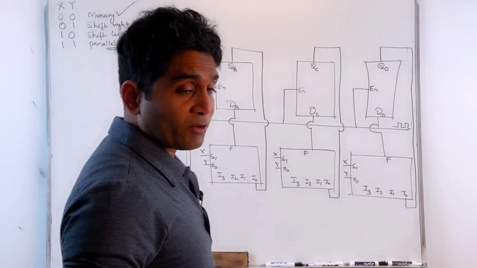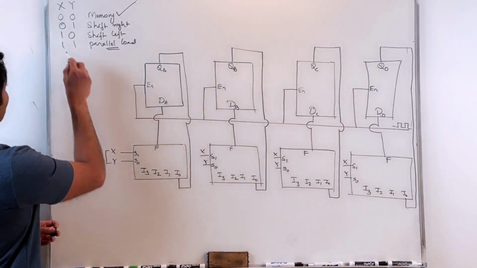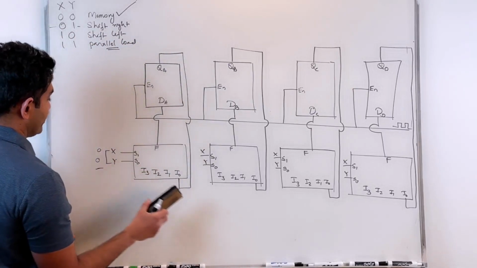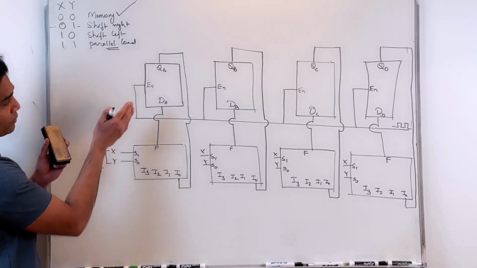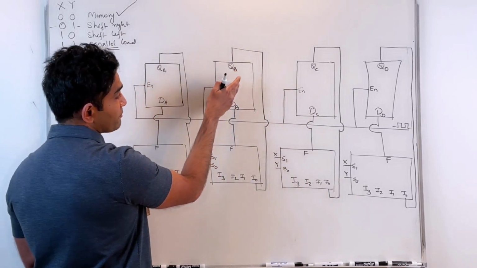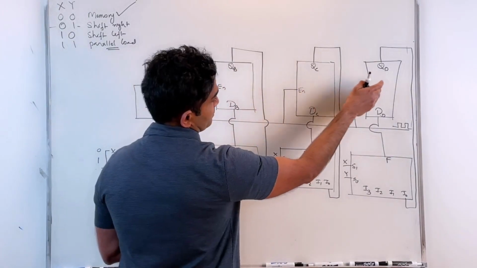Now what about shift right? I want to perform a shift right operation when I apply a value of 0, 1 over here. If I apply 0, 1, I want to make sure that the contents of this flip-flop are shifted to this one, and the contents of this one are shifted to this one.